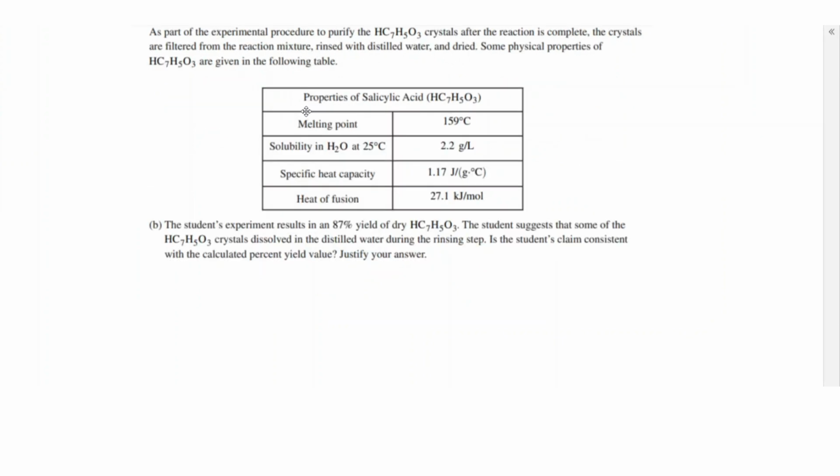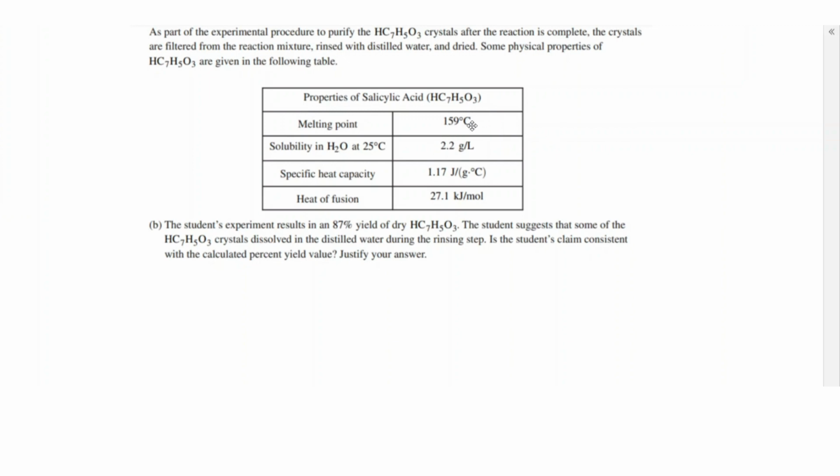So for part B, we are given an experimental procedure to purify our salicylic acid crystals after the reaction is complete, and these crystals are filtered from the reaction mixture, rinsed with distilled water, and dried. So we're given some of the physical properties.